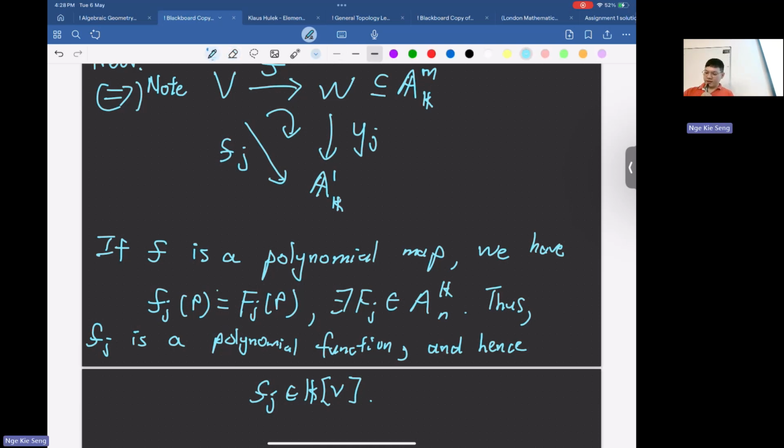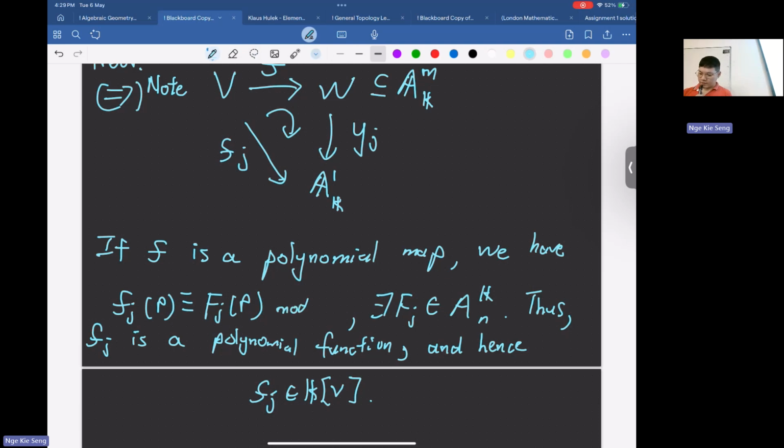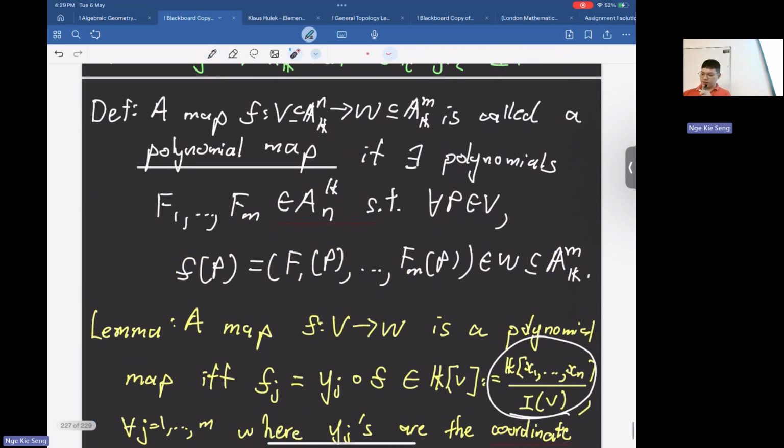This part? You think that this has to be written like this, modulo IV? I think this part we don't need, right? Because this is just by definition.